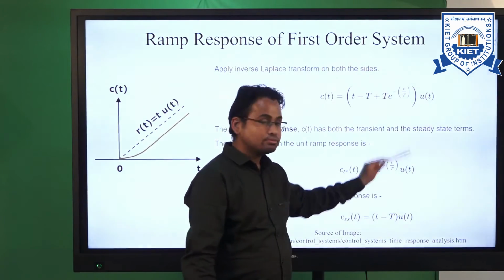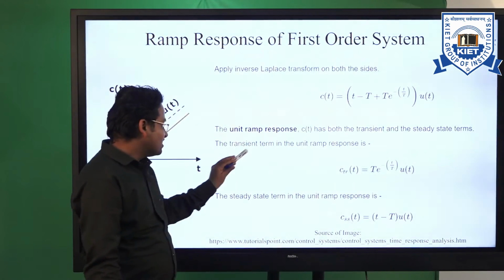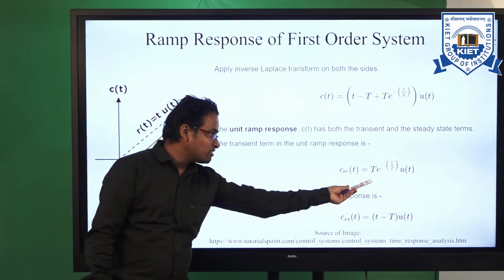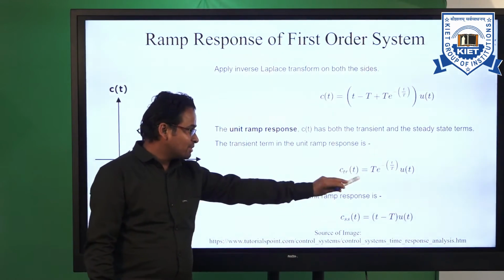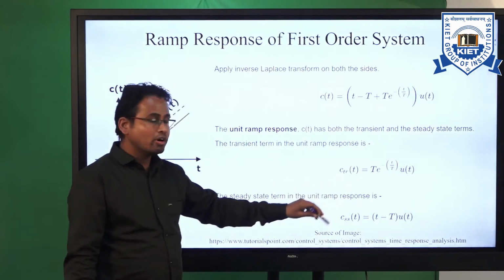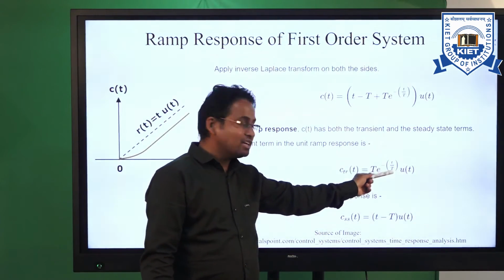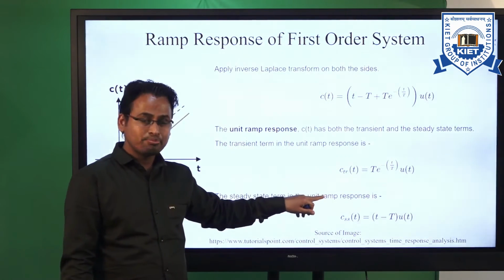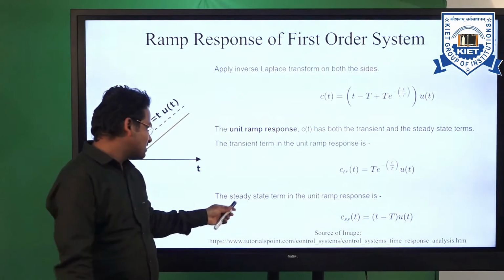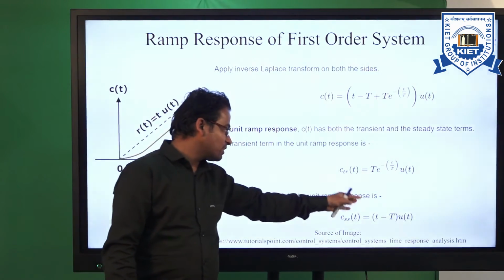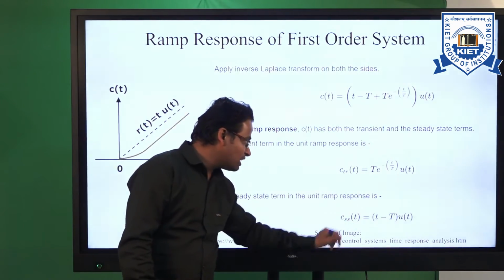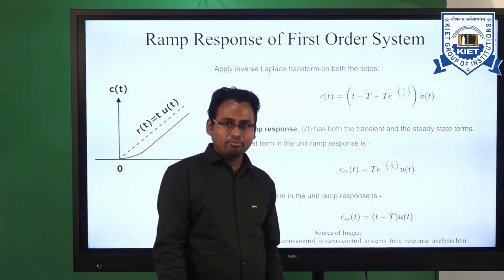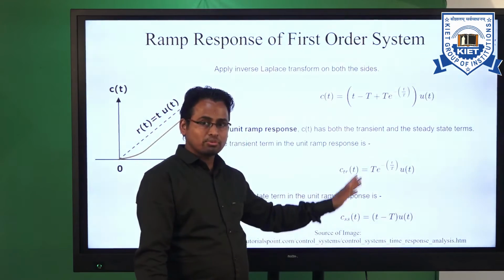The transient term in the unit ramp response can be given by capital T e raised to power minus t upon capital T into u(t). That is the transient term. The steady state term can be expressed by t minus capital T into u(t). We have to remember both terms.